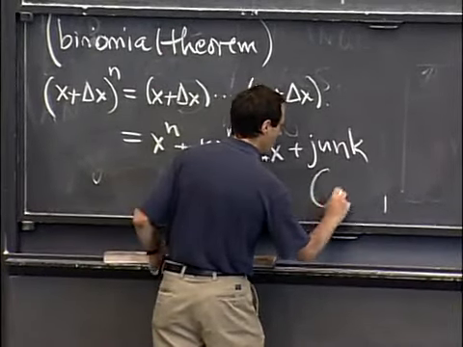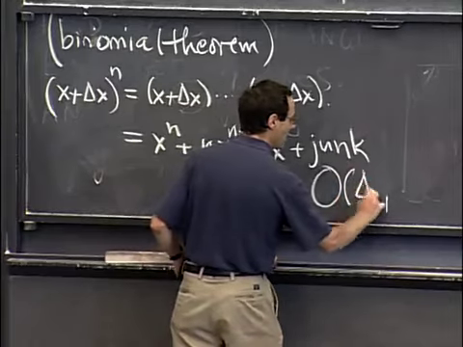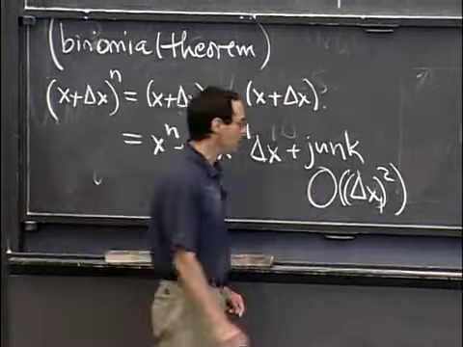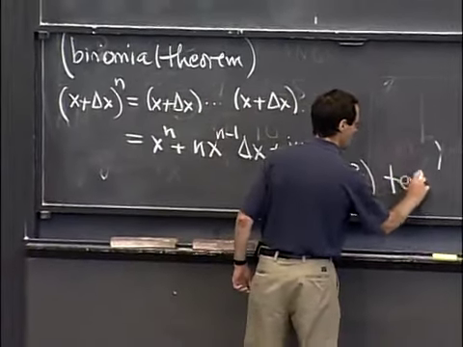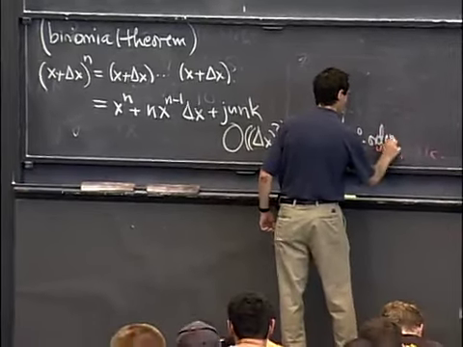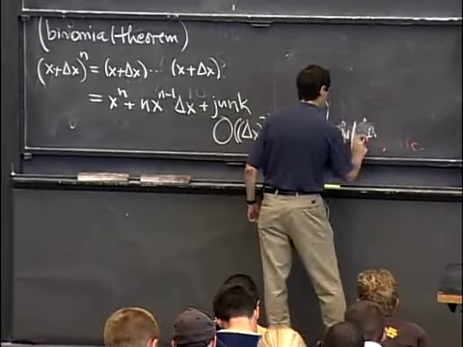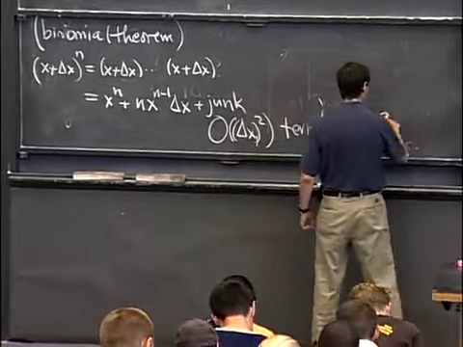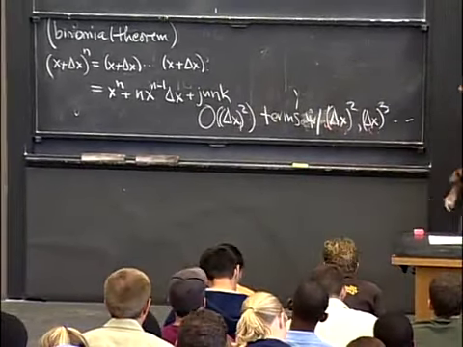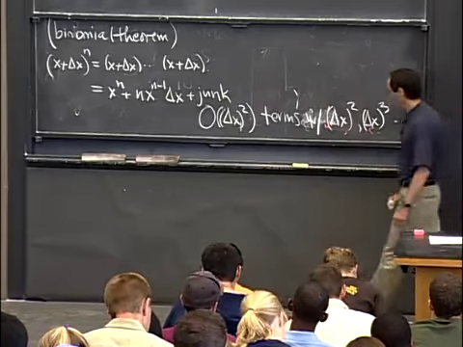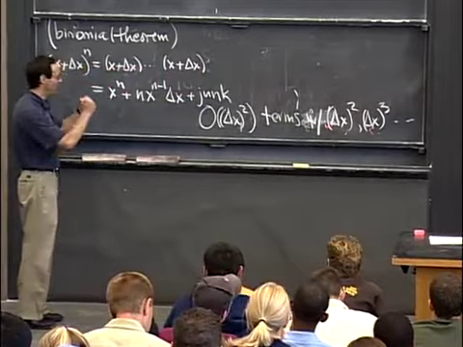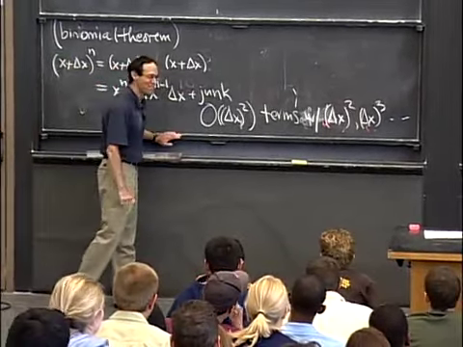The junk is what's called big O of delta x squared. What that means is that these are terms of order delta x squared, delta x cubed, or higher. Very exciting, those higher order terms.